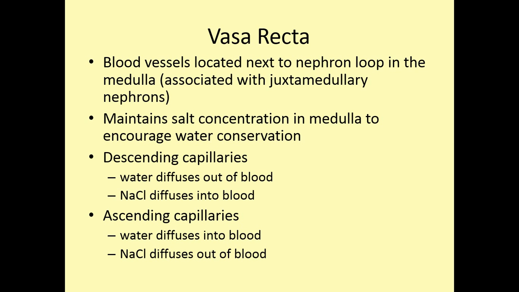And that part of the nephron loop on those particular nephrons are covered in blood vessels, capillaries called vasa recta, which are just an extension of the peritubular capillaries from up in the cortex. And the job of the vasa recta is to help us conserve water by receiving water from the descending loop and receiving salts from the ascending loop of the nephron loop.